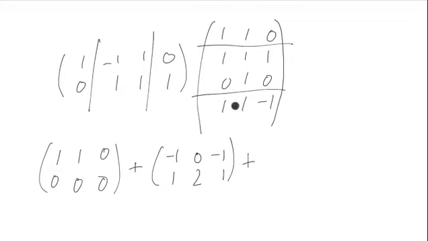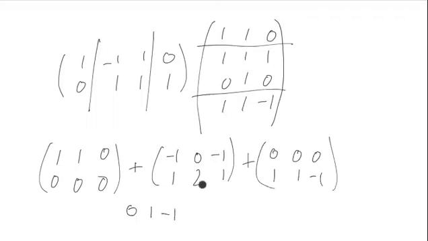Now we get this times that. So it's the same idea that we had here. It's simply 1 times that, so just 0, 1. 1 times that again, 0, 1, and negative 1 times that, so 0, negative 1. So then we just add these results together. So we will end up getting, on the top, just adding these two rows right here together, a 0, and then a 1, and a negative 1 on the top.